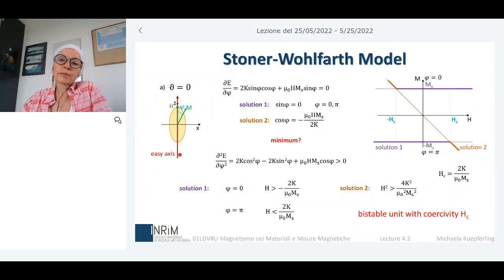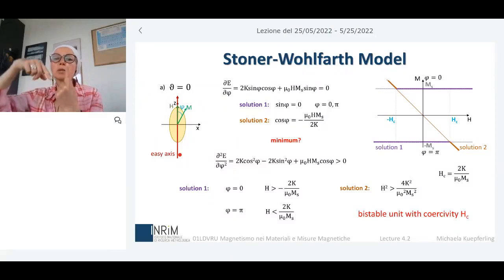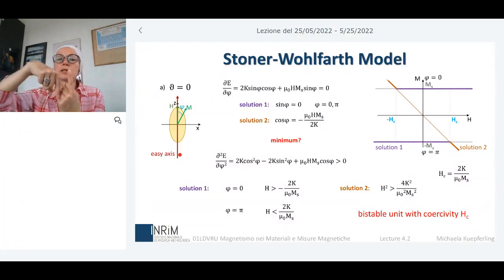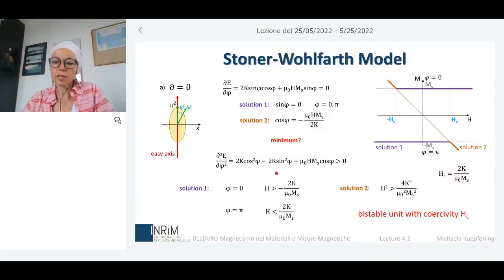This is reasonable, and we also saw this energetic behavior of a domain wall. Anisotropy always wants an immediate change of your magnetization. It does not want any intermediate steps, so it stays always in the easy axis of anisotropy.